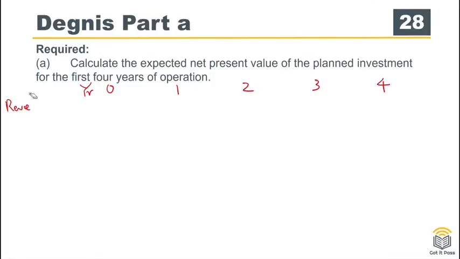So we have the revenue, we have the conversion cost, we have the fixed cost, we have the initial investment. Okay, so we have the cash flow.